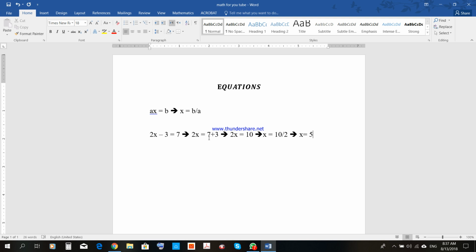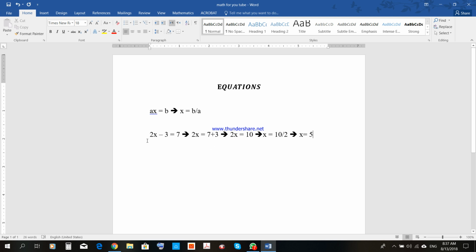Any number already on the right side of equal, don't change its sign. You must keep its sign the same. But if you take any number from the left side of equal to the right side, you must change its sign.